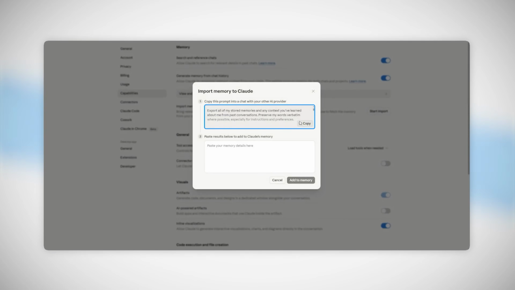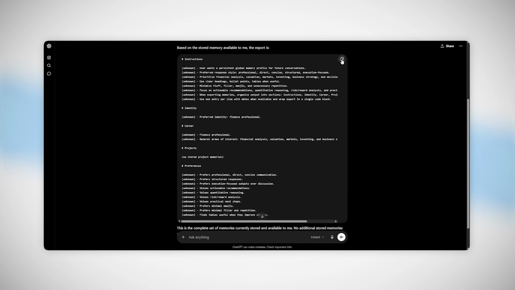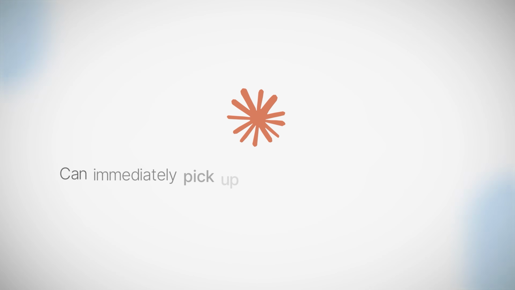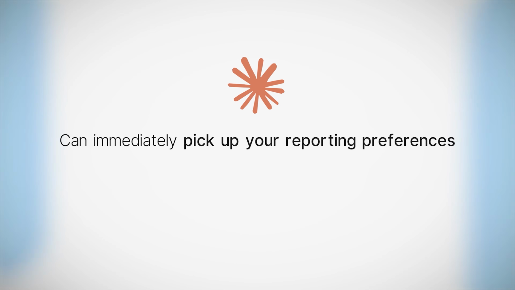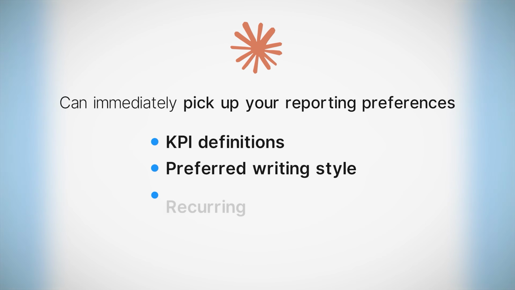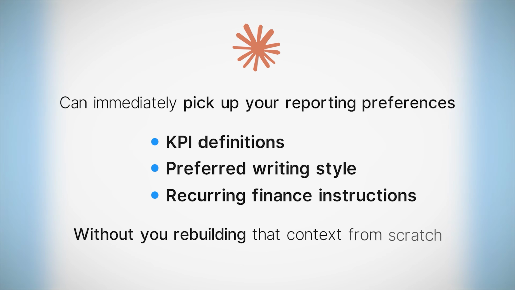Claude then generates a prompt and I paste it into ChatGPT, copy the response back, drop it into the import box, and then I click add to memory. Now for finance professionals who have been using ChatGPT regularly, this means Claude can immediately pick up your reporting preferences, your KPI definitions, your preferred writing style, and recurring finance instructions without you rebuilding that context from scratch.